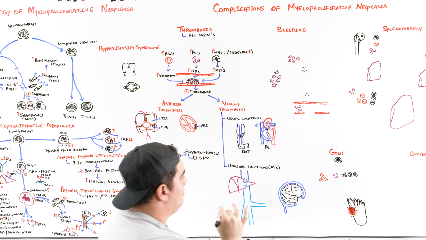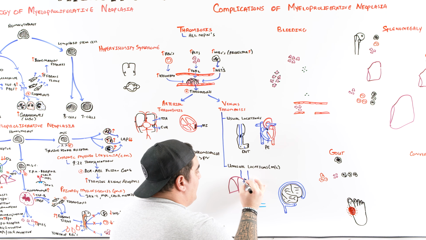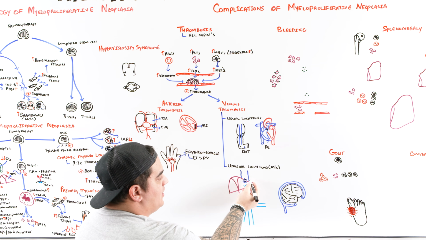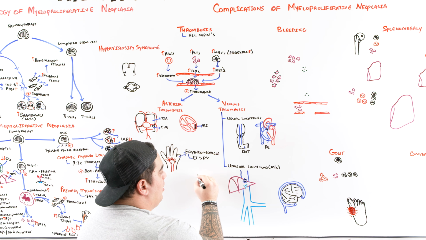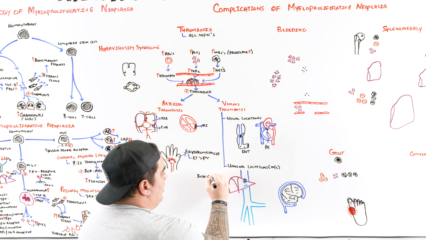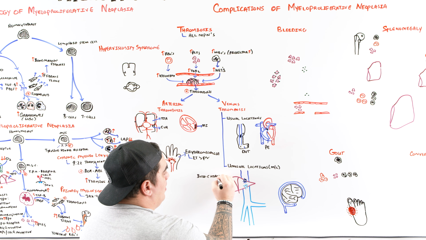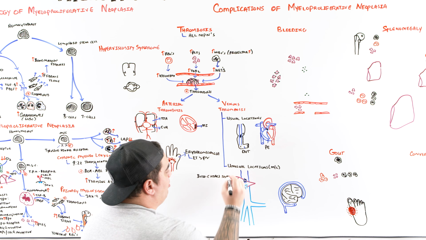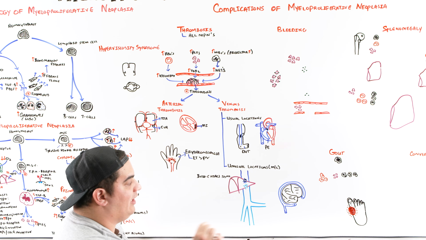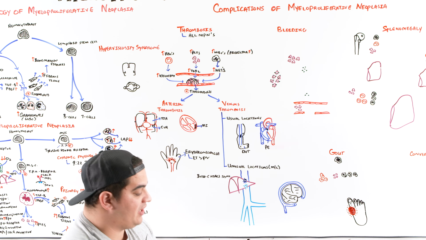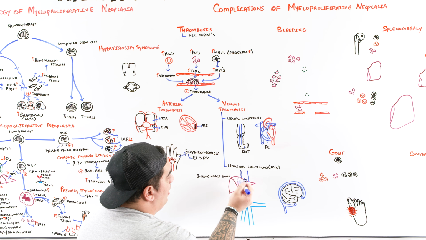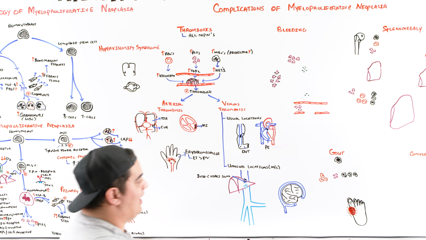So in a patient who comes in and they have clots in the hepatic veins, what is this called? Clots in the hepatic veins. This is called Budd-Chiari syndrome. This is a very high yield presentation of Polycythemia Vera or essential thrombocythemia. All right? So Budd-Chiari syndrome is going to be clots in the hepatic veins.